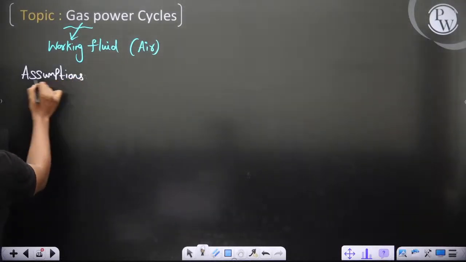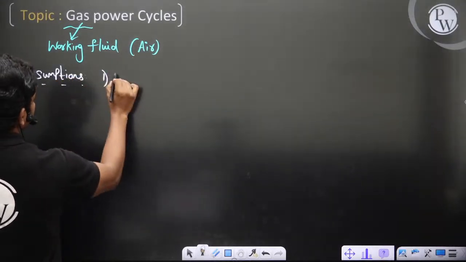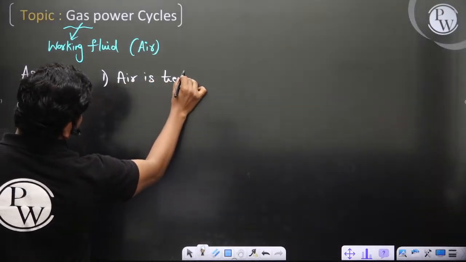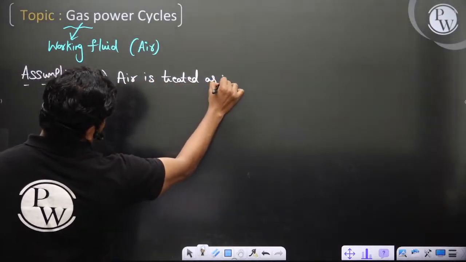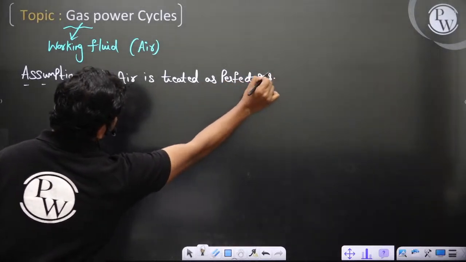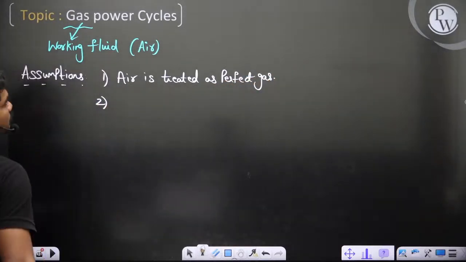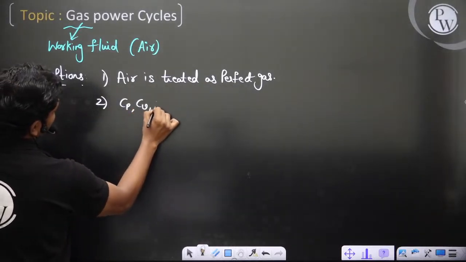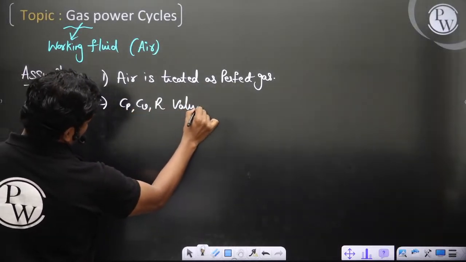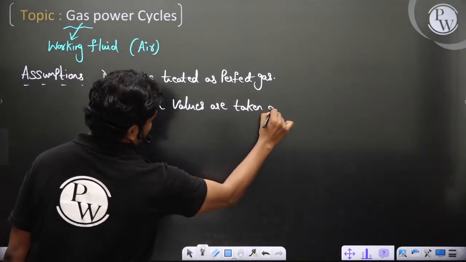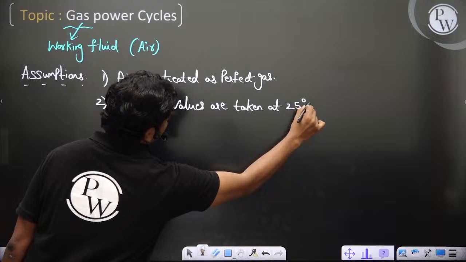First and foremost assumption is that air is treated as perfect gas. Then Cp, Cv, R values are taken at 25 degrees Celsius.